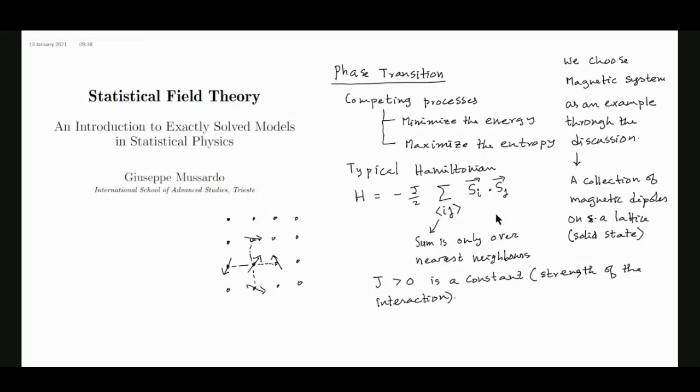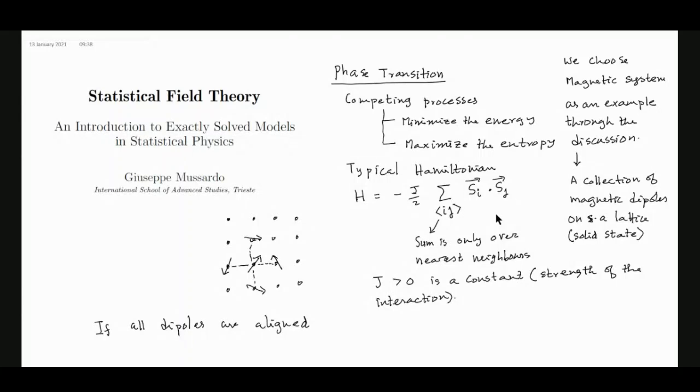Now notice the nature of this Hamiltonian is such that if all the spins are in the same direction, you can draw this conclusion: if all dipoles are aligned, then S_i dot S_j for all ij will be, suppose let's say this has a magnitude of 1, just 1.